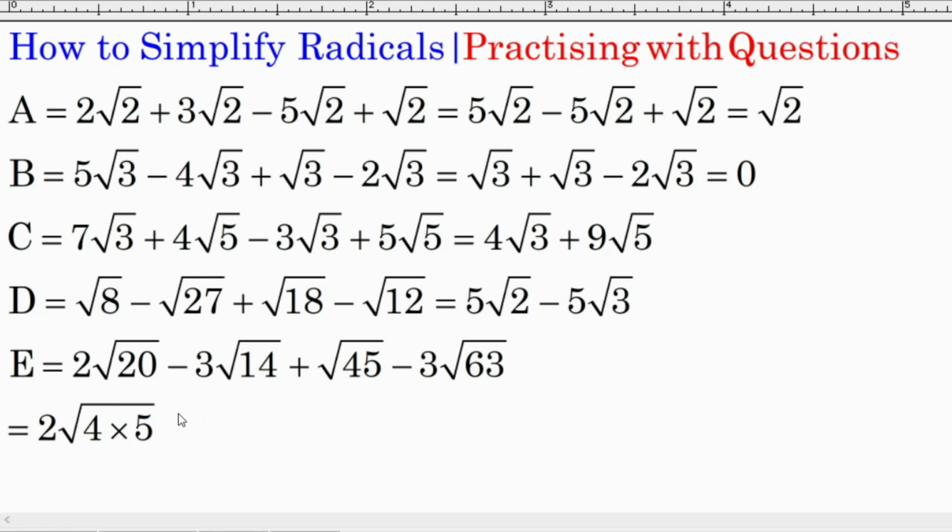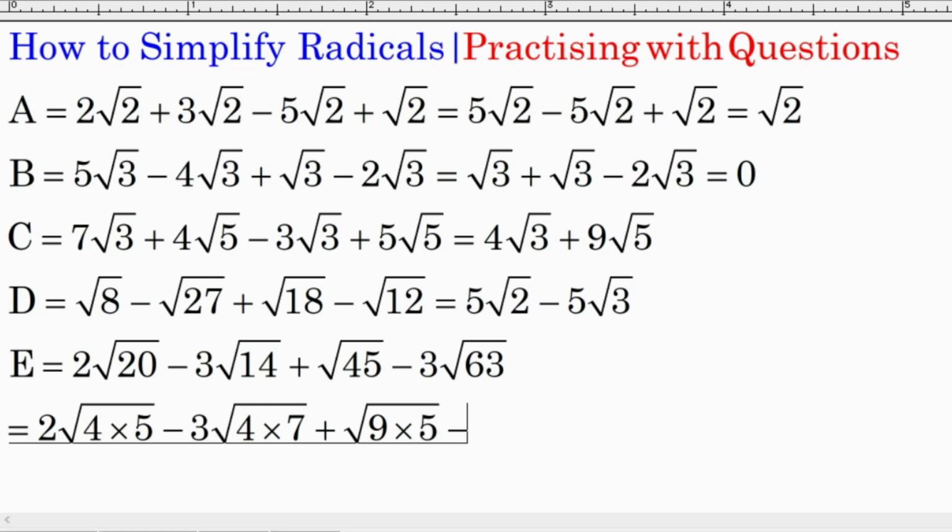Then minus 3 times the square root of 14, where 14 could be written as 4 times 7. And then plus the square root of 45, which could be written as 9 times 5. And then minus 3 square root of 63, where 63 could be written as 9 times 7.